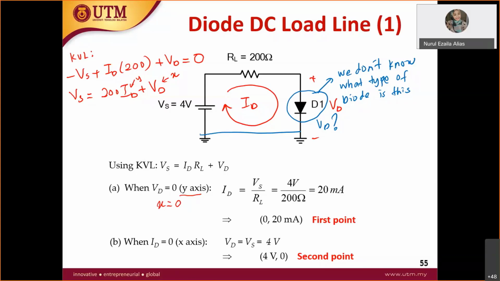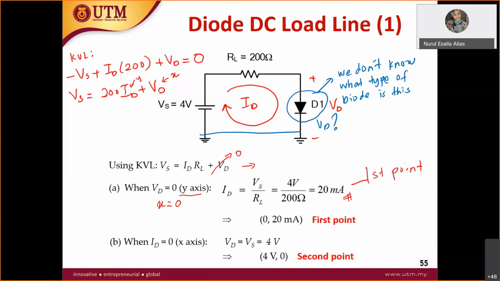X is VD, so VD equals 0. Now ID will be equal to VS over RL, which is 20 milliampere. So this is your first point.